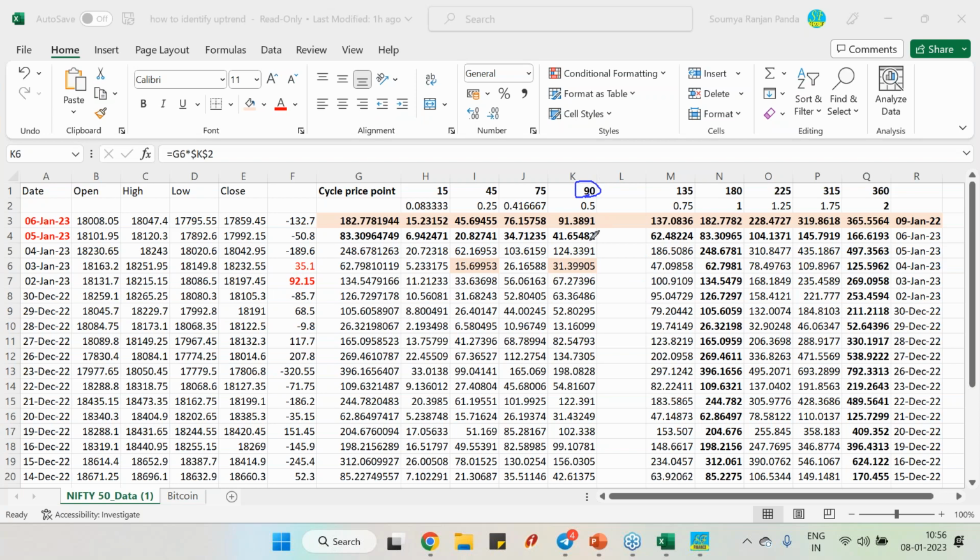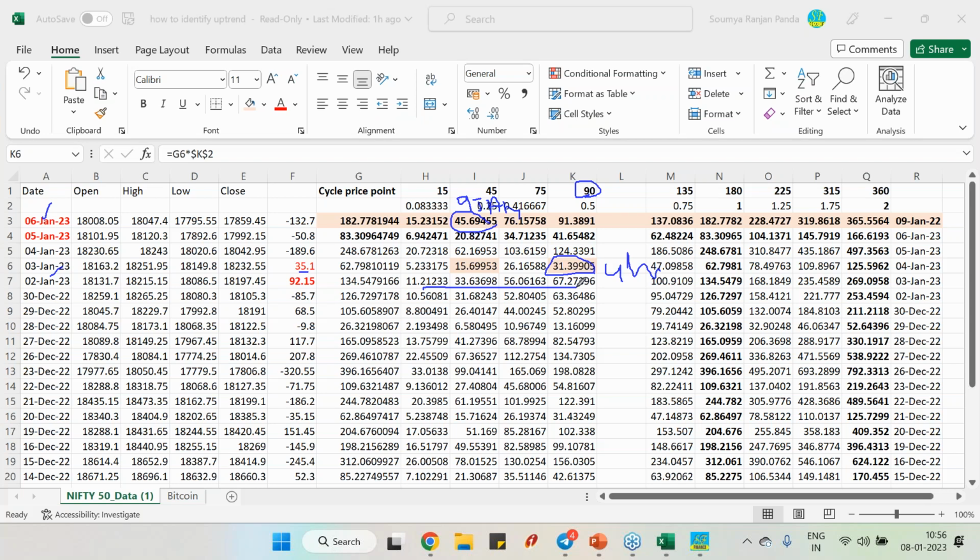90 degrees. Why is it 45 degrees for 6th January, and why is it 90 for 4th January? And for 9th January, why is it 45 degrees? Why this deviation? Because on 3rd January, the price point of oscillations is within the minor cycles of the 2nd January calculation.